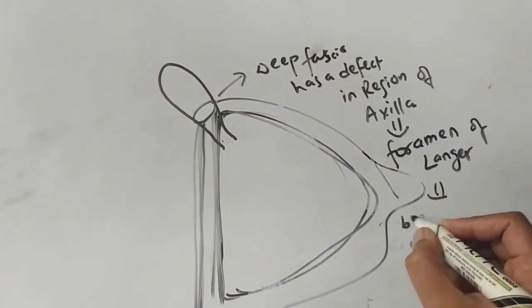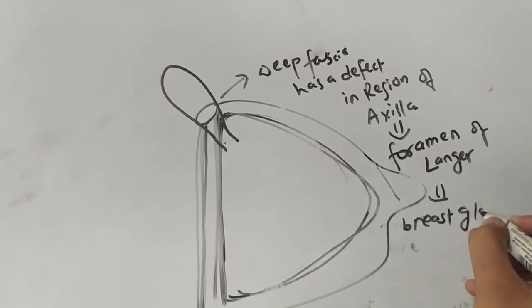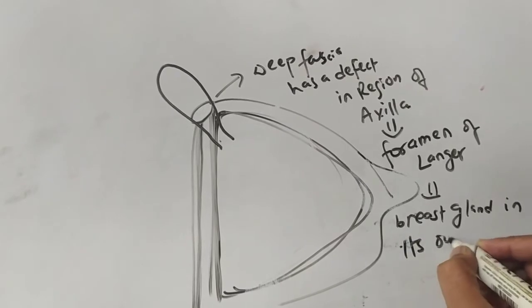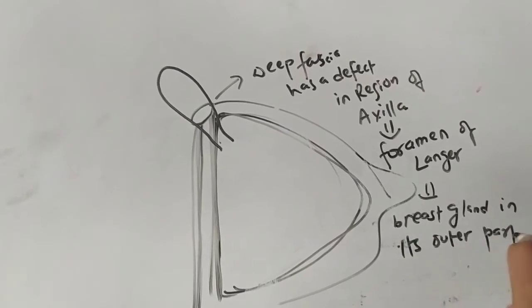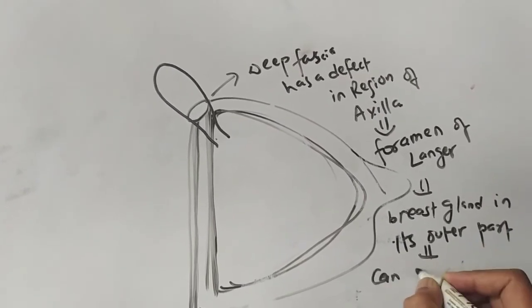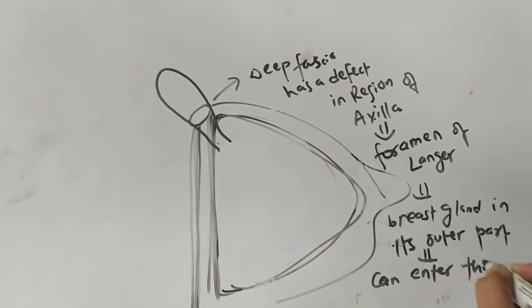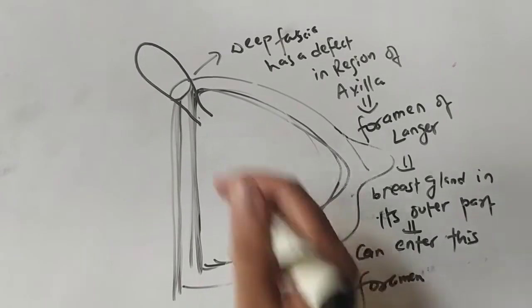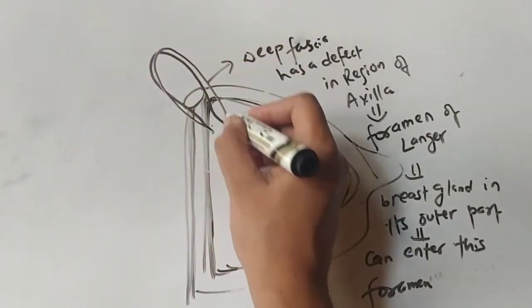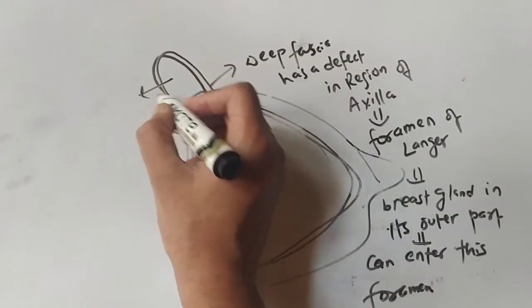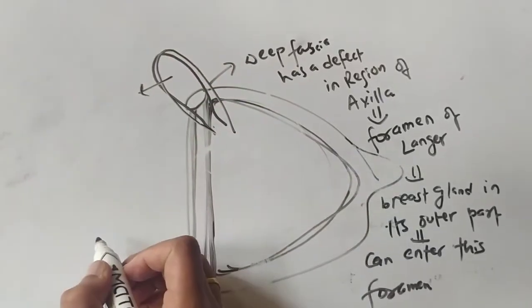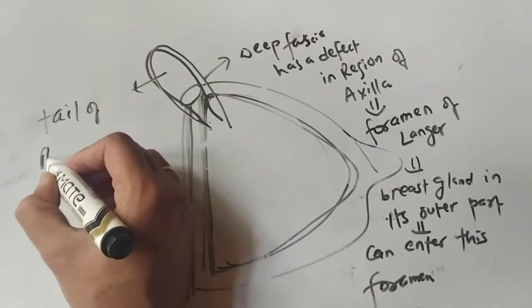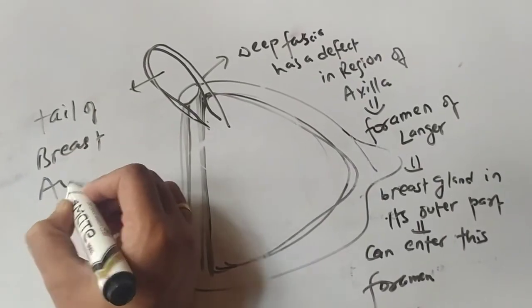The breast gland in its outer part can enter this foramen, and then it looks like a tail of the breast that is present in the axilla.